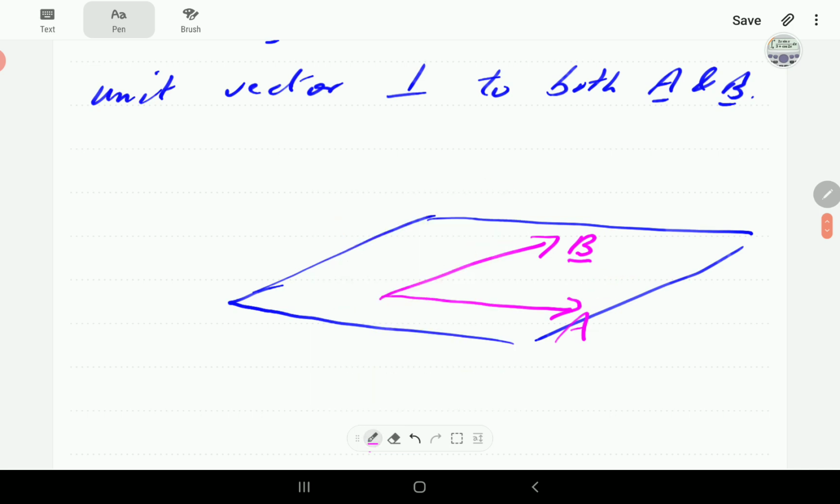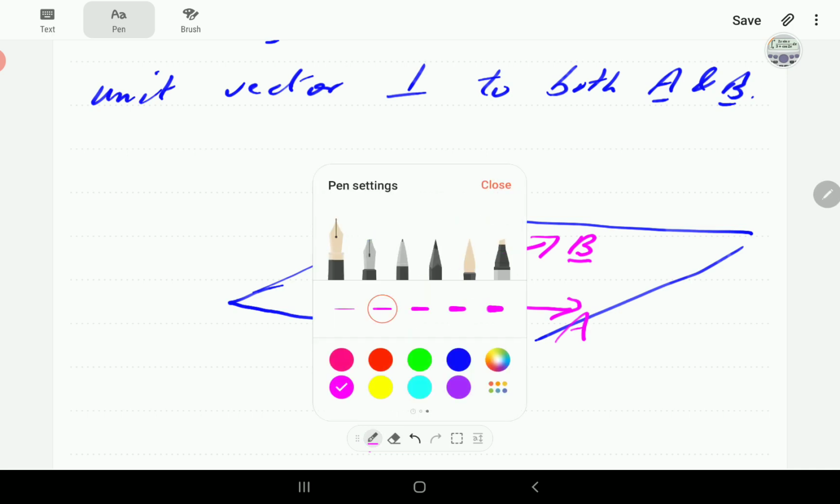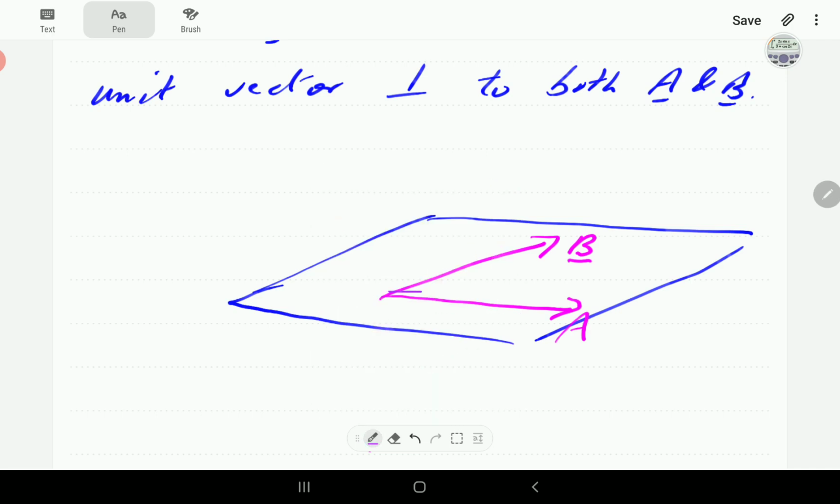Then a cross b is going to be a vector perpendicular to this plane, going outward of this plane in a perpendicular manner.